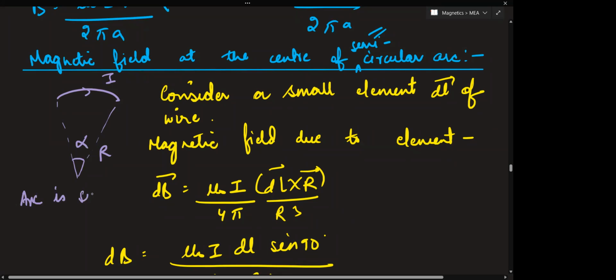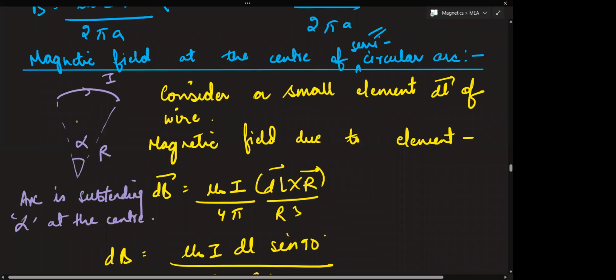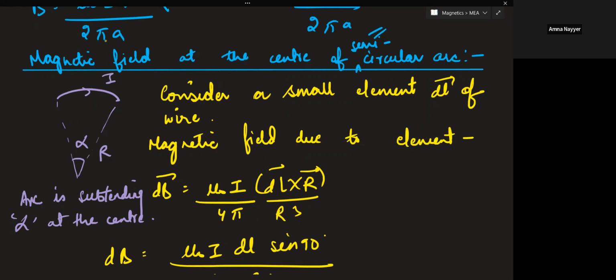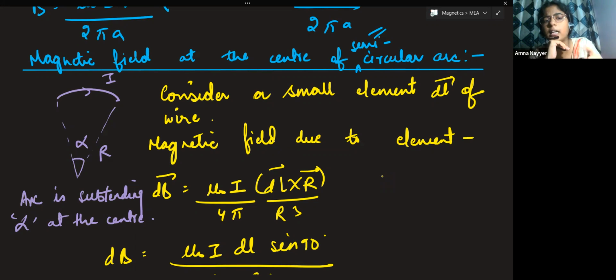Arc is subtending alpha at the center. Now the changes that will come in dl, this is just important. Rest of the things you people know how to solve. See, in case of dl, does anyone know the relation between length of arc, radius, and angle?